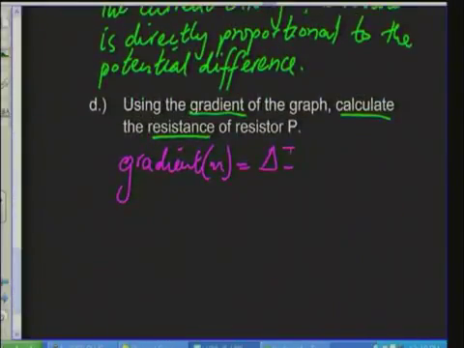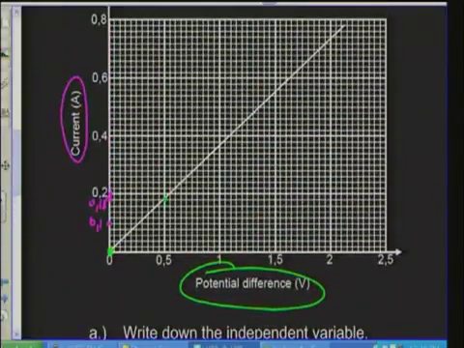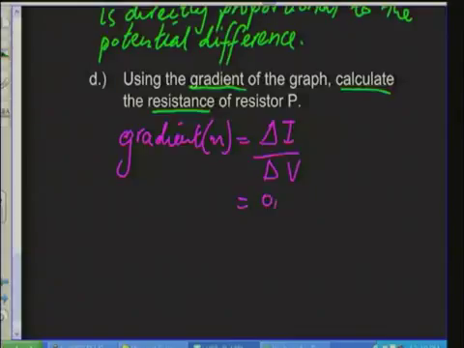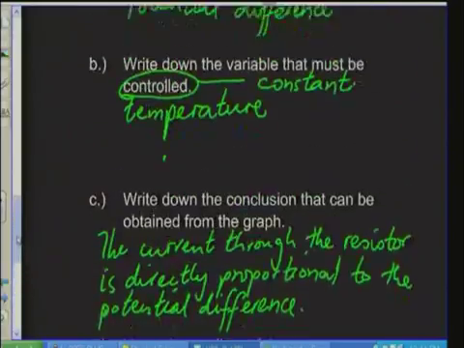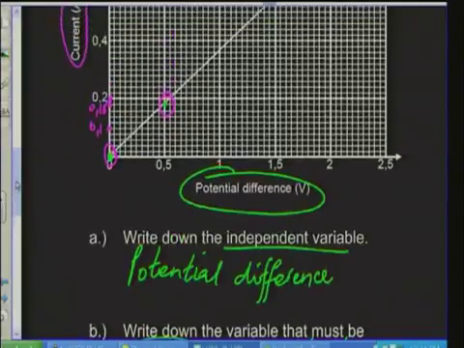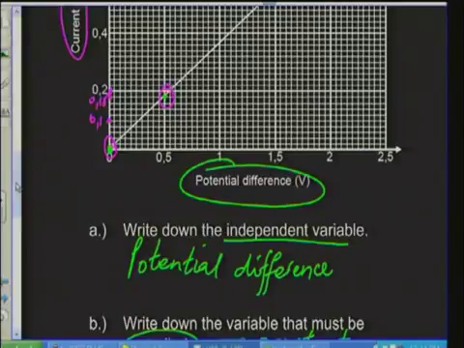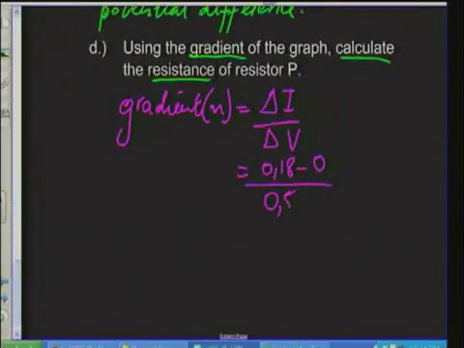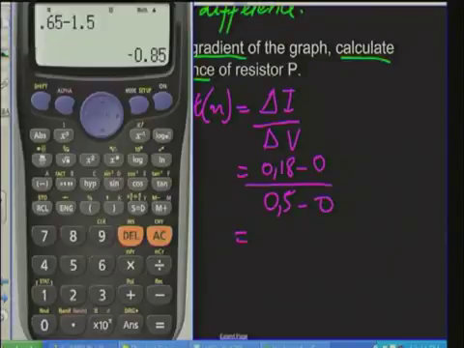So it will be change in I over change in V. So that will be equal to, in terms of I, 0,18 minus 0, divided by 0,5 minus 0, because we're looking at these two points here.